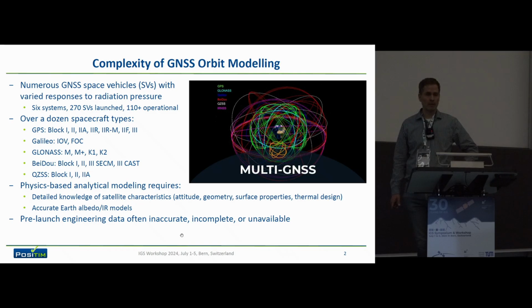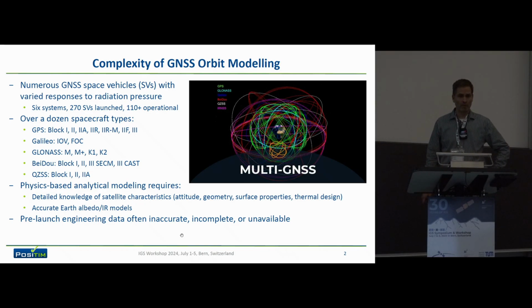So if you want to create a physical-based analytic model for each of these groups of satellites, you would need really detailed knowledge of the characteristics of these satellites. You also would need accurate Earth albedo and infrared models, of course. And the problem with this data is that it is often inaccurate or even incomplete, like for Baidu, or simply unavailable at all.